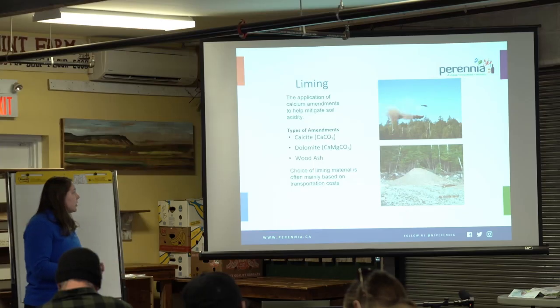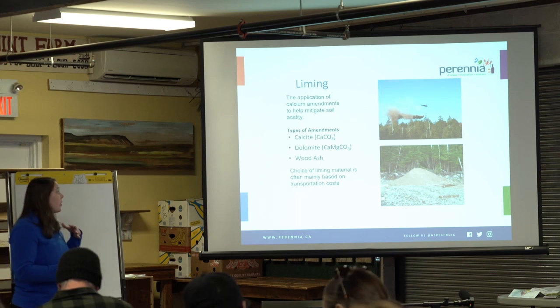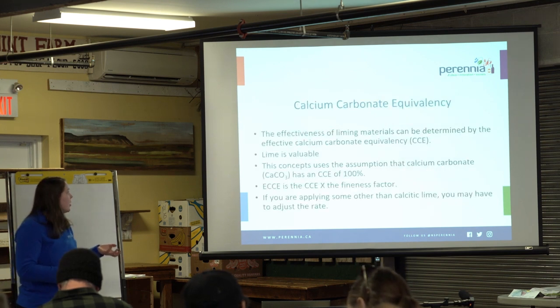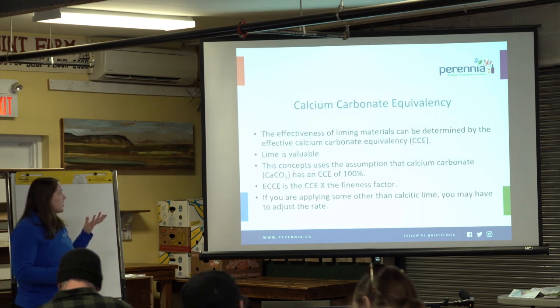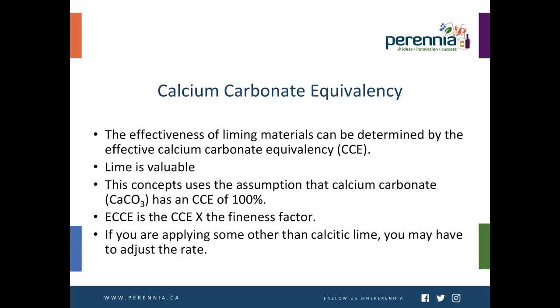What's important to remember when you're considering your liming recommendations is that if you are using something other than calcium carbonate, you may have to adjust those values. You can adjust them based on what's called the calcium carbonate equivalency. Calcium carbonate should have a calcium carbonate equivalency of 100%, and that's what the other liming amendments are based off of.